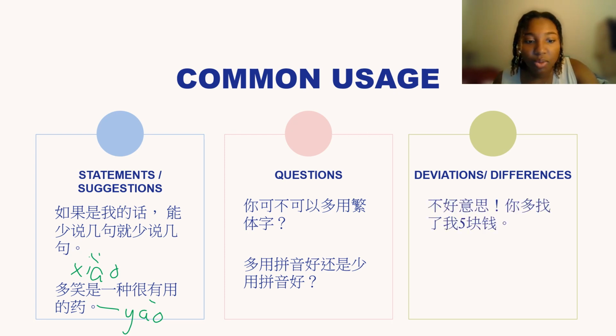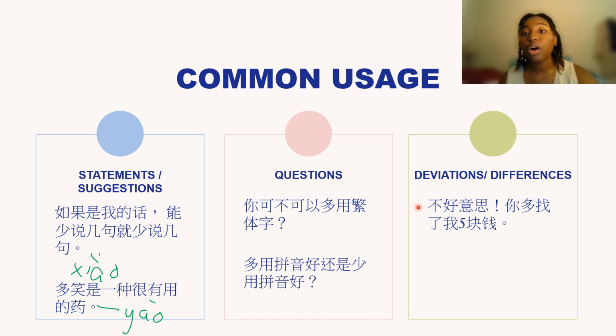So let's look. We have 不好意思你多找了我5块钱。I will fix that on the actual one. 你多找了我5块钱。So it shows a difference. 找钱是什么？找钱就是我给你20块钱，手机是10块钱，所以你找给我10块钱。找钱 is giving the change back, right?